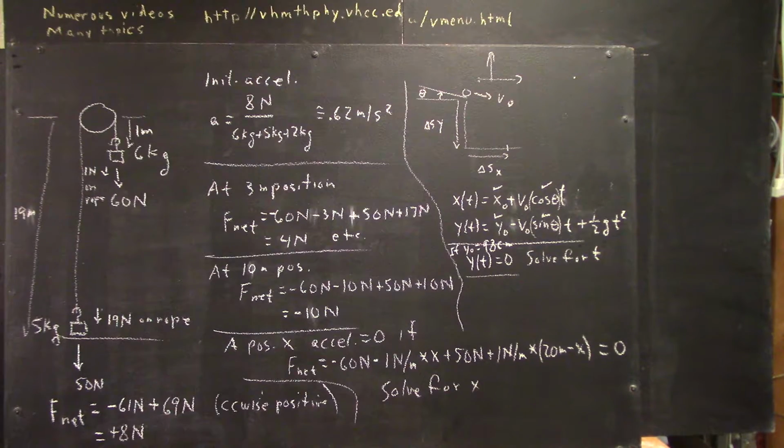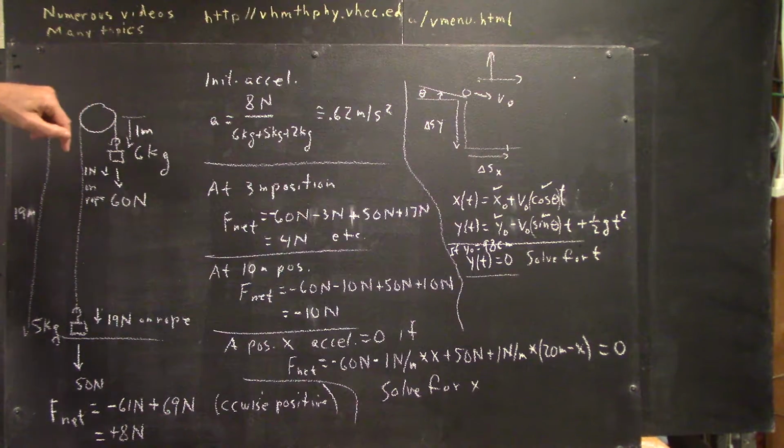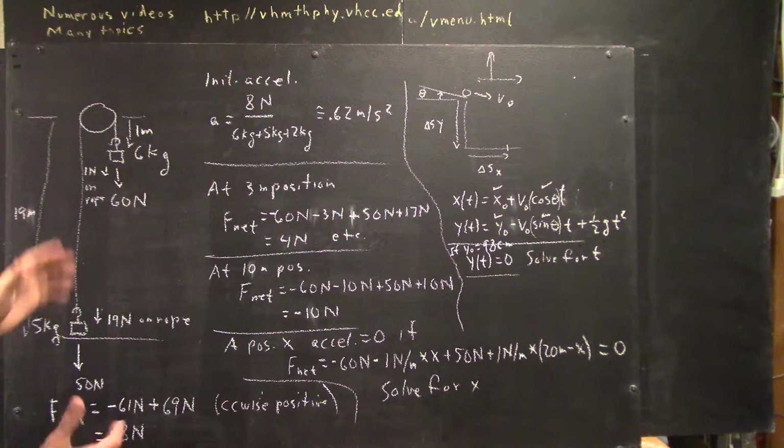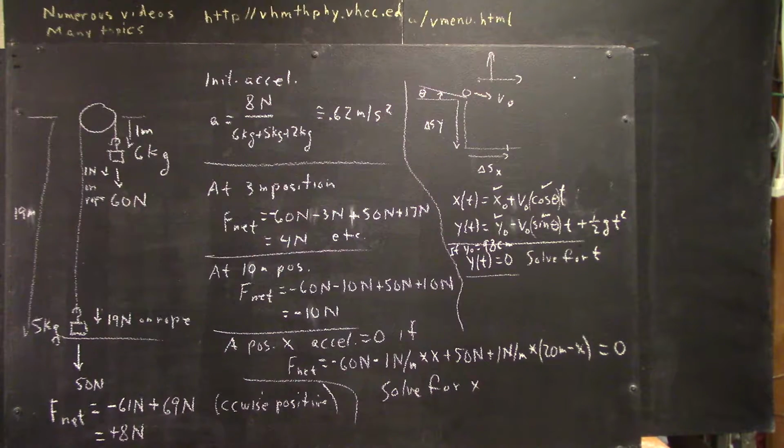So what's the direction? If this one's moving downward and this one's moving upward, you're kind of at a loss. So we take the positive direction in this case to be the default counterclockwise. And if you wanted it to be clockwise, you could state that and then use that.